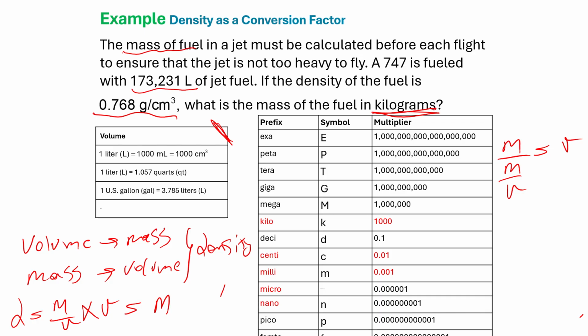And now let's work on this problem. Like any other problem, we need to write given, which is volume in liter, 173,231 liter.